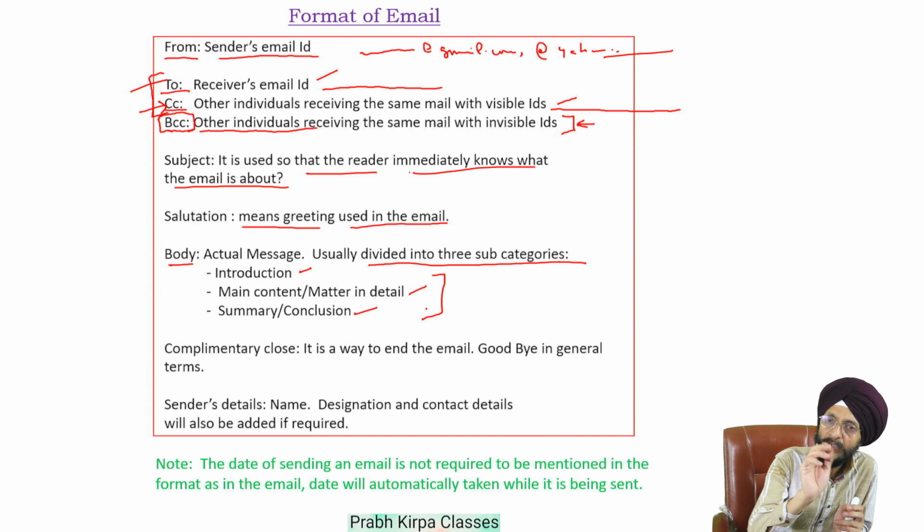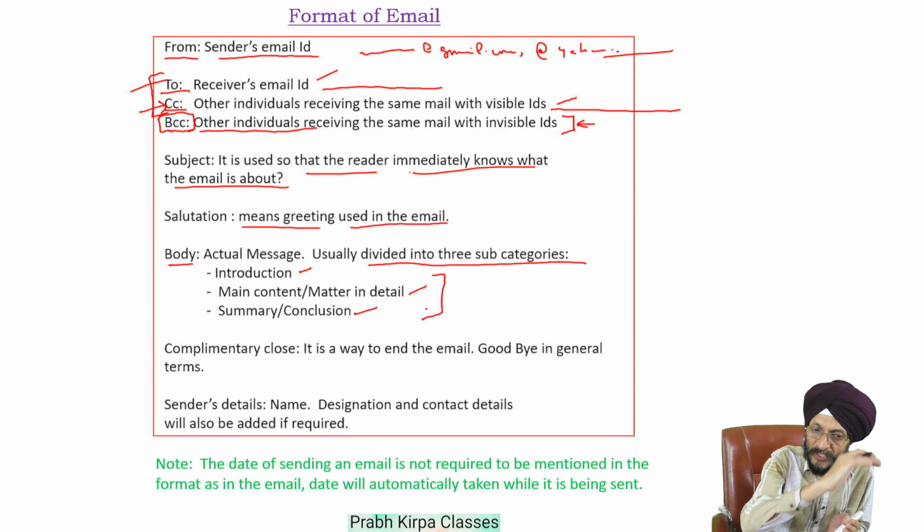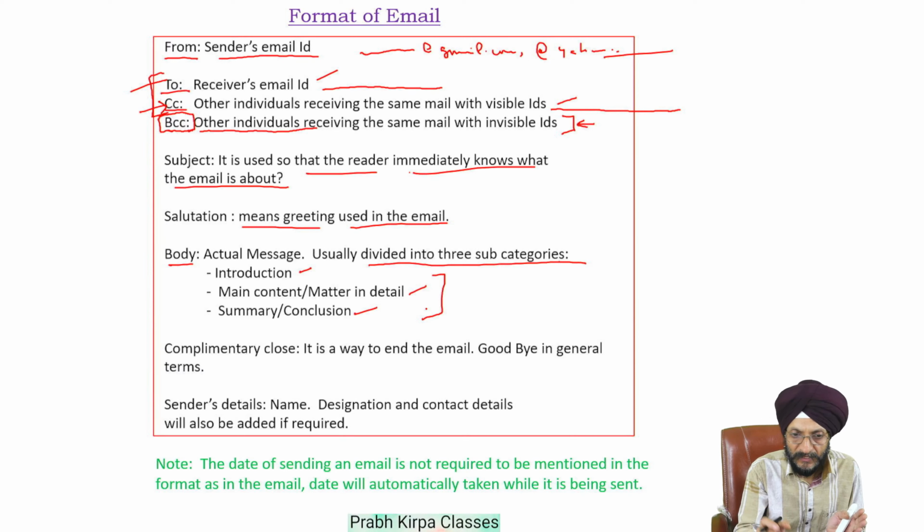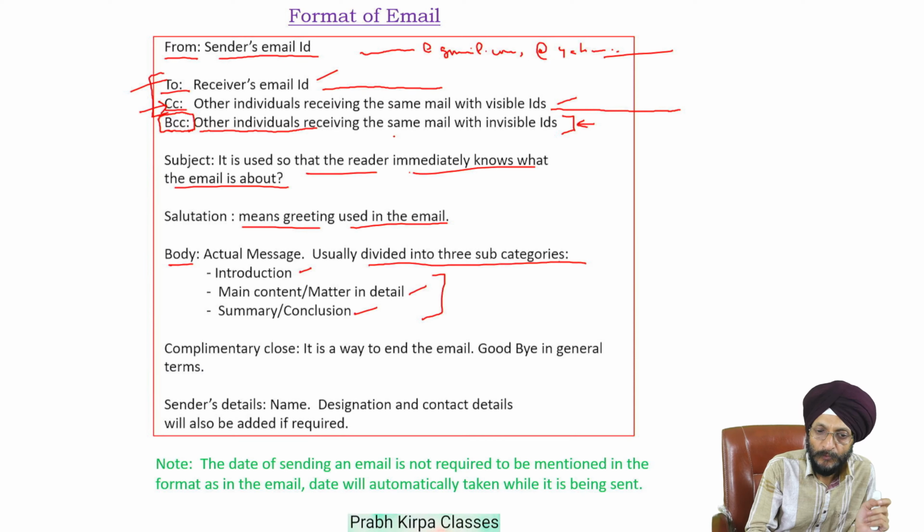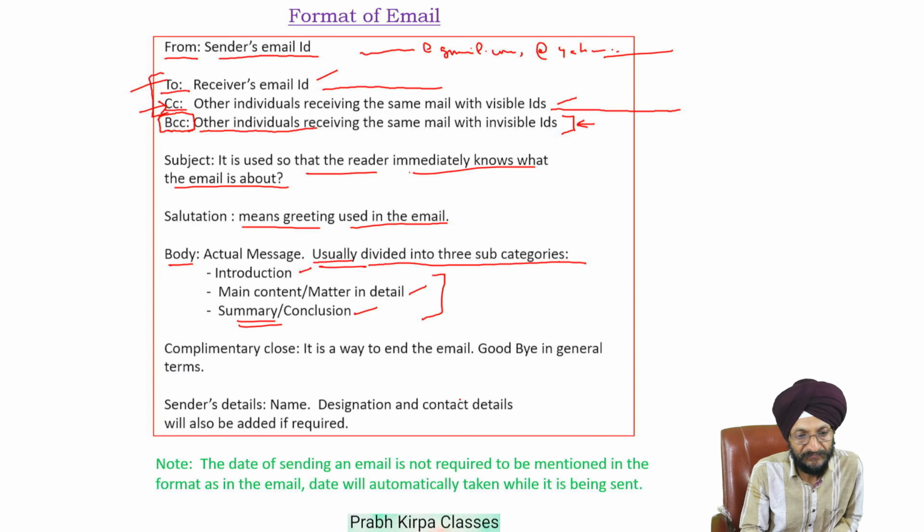So you are conveying only that the date and time has been changed, and here you do not have to write a lengthy email. So usually, we have used the word usually, the body of the email consists of 3 parts: introduction, matter in detail, and then summary.